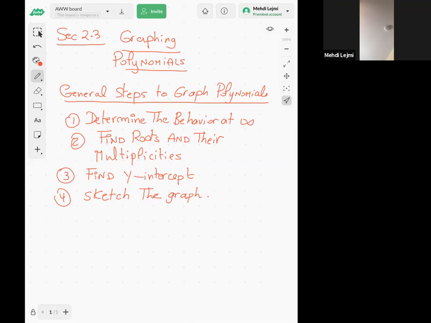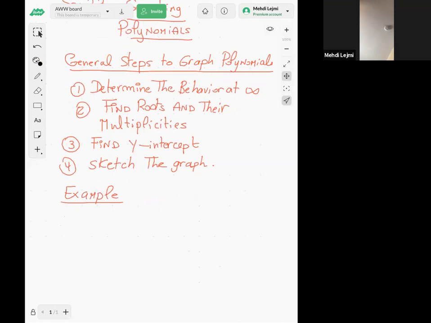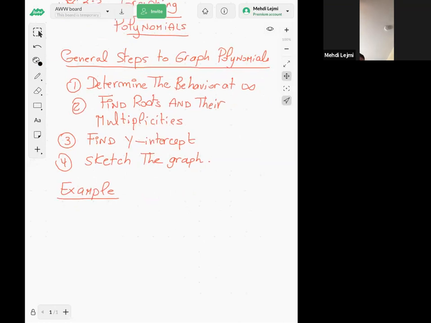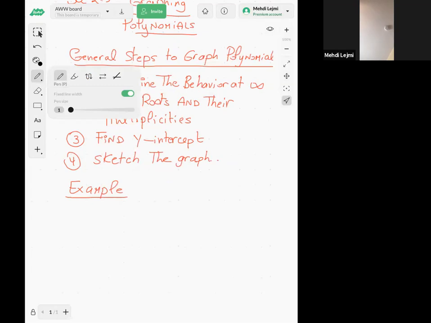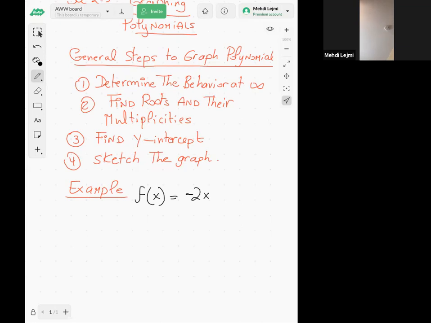But anyway, let me show you with another example how to graph this polynomial, just to remind you how to determine the behavior at infinity, how to find the roots and multiplicities, etc. So let's say you have f of x equals minus 2x squared plus x cubed, and then plus x.